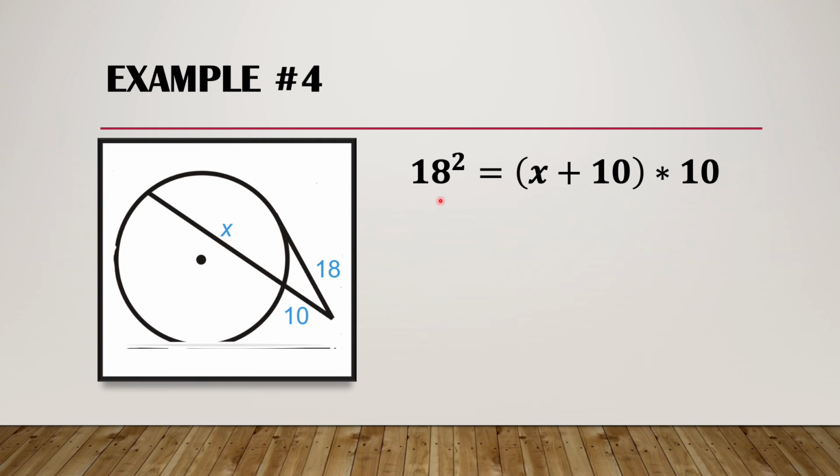So that is 18 squared equals the secant, which is x plus 10, multiplied to its external secant segment, which is 10. Okay, 18 squared is 324 equals, distribute 10, 10 times x, that is 10x, plus 10 times 10, that is 100.